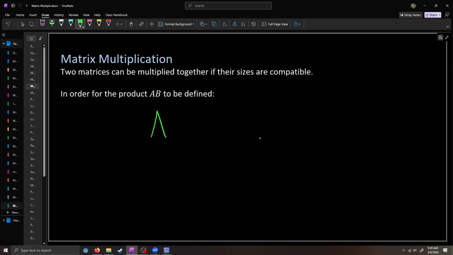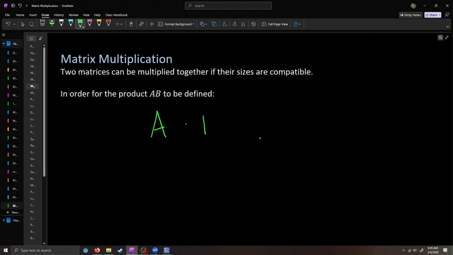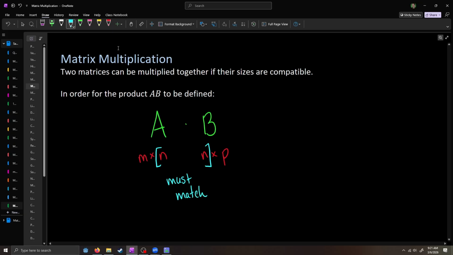If you're going to take a matrix A and multiply it by a matrix B, A times B, just like this, then matrix A, if it has n columns, matrix B has to have n rows. So these guys right here in the center have to be exactly the same. So this is what it means for two matrices to be compatibly sized for multiplication. And when we talk about the process for multiplying matrices, this condition is going to make sense why it's here.